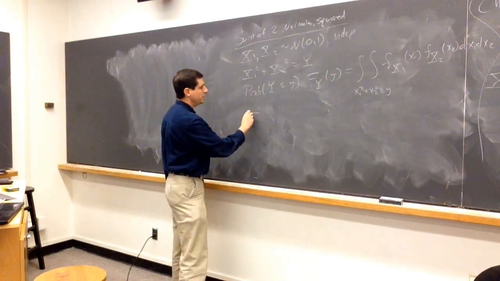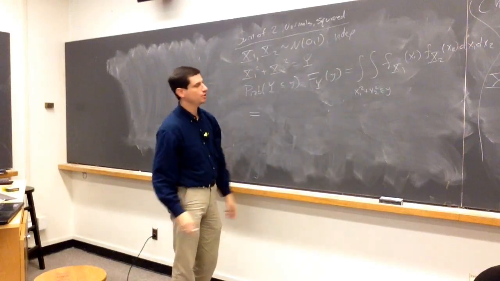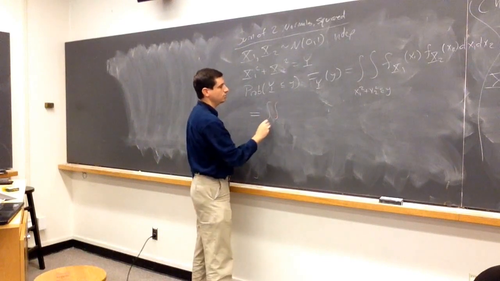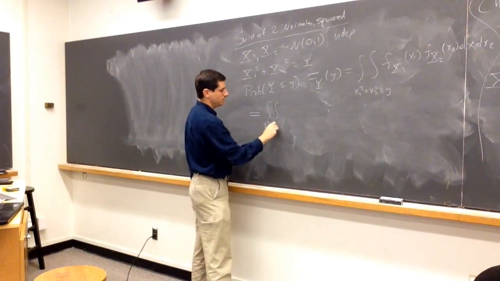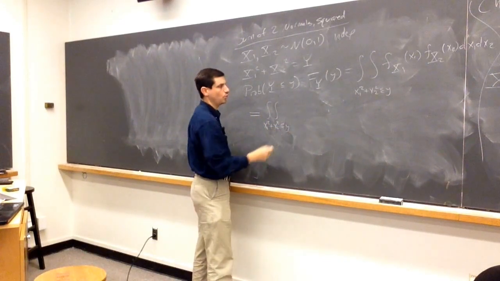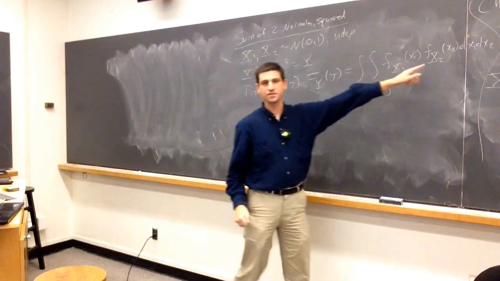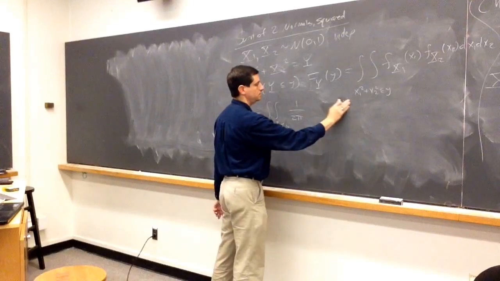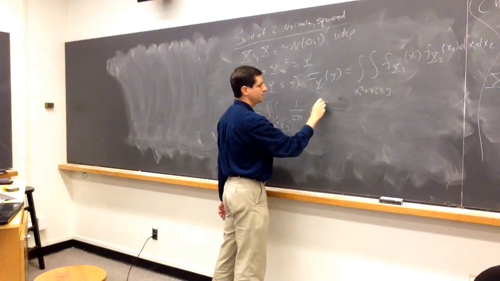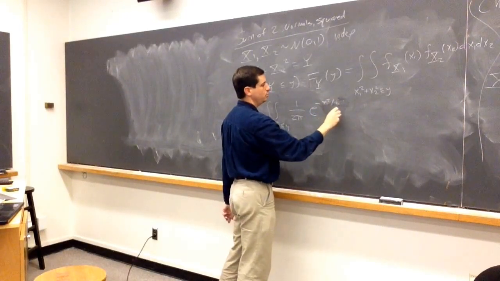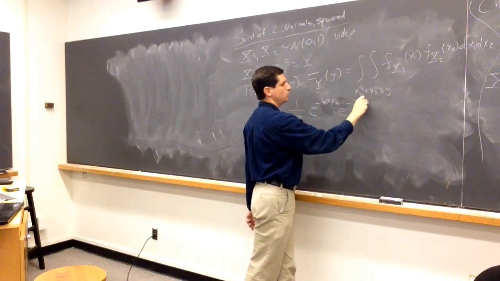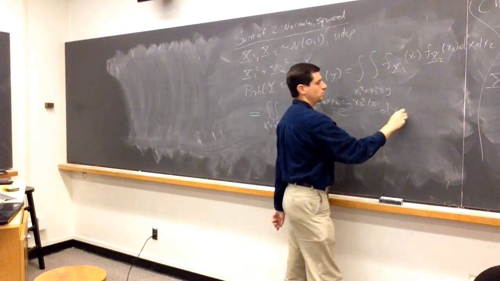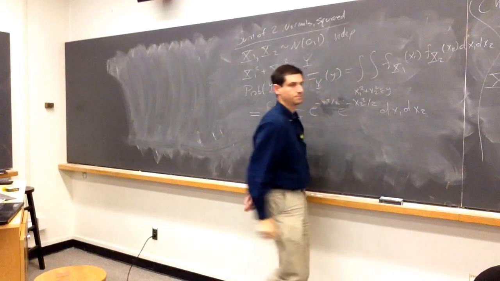So if we actually substitute for what's going on, we have an integral where x1 squared plus x2 squared is less than or equal to y. If we now combine the densities, we get a 1 over 2 pi e to the negative x1 squared over 2 e to the negative x2 squared over 2 dx1 dx2.